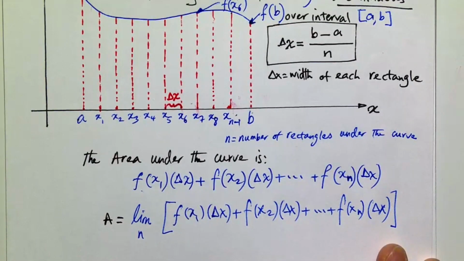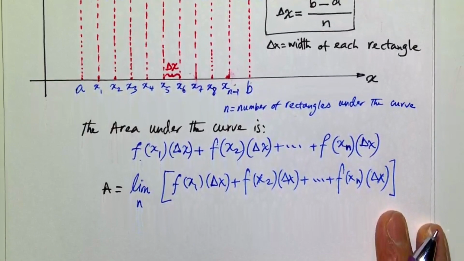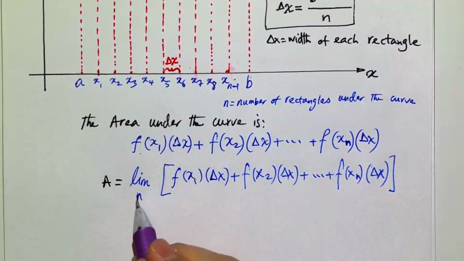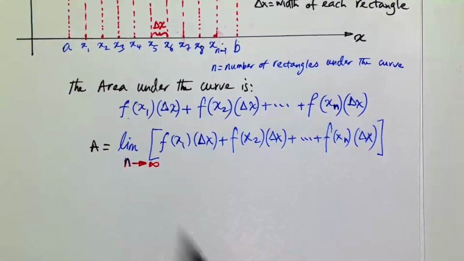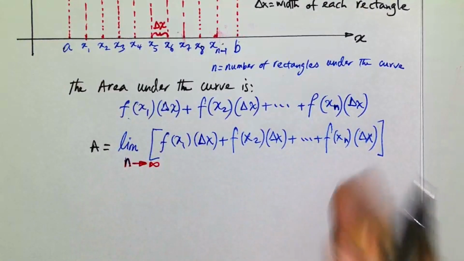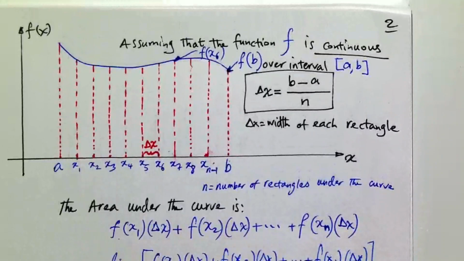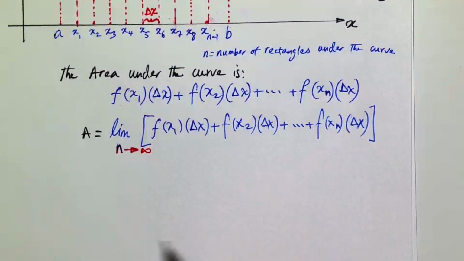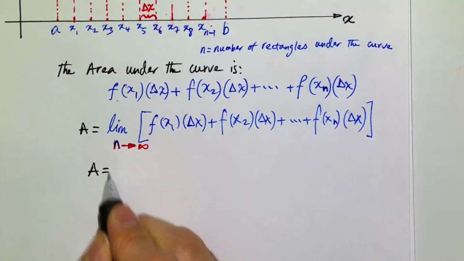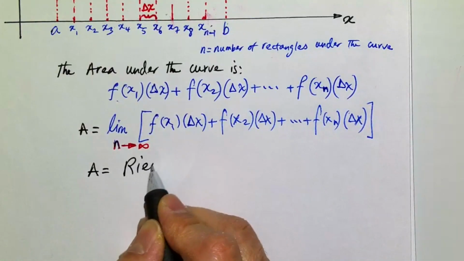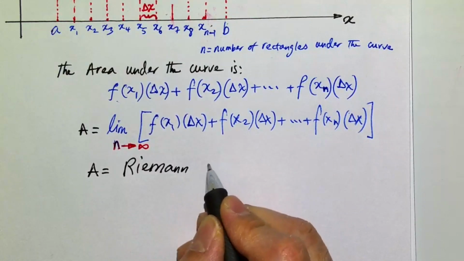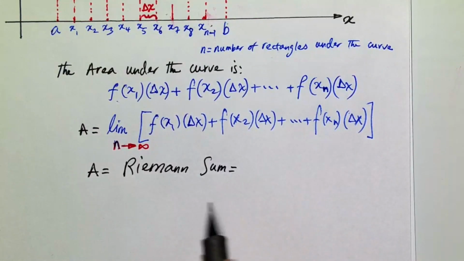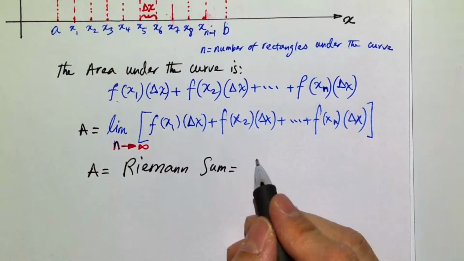So let me move this up a little bit. As n approaches infinity. Okay. So this quantity, which relates to this figure, is called the Riemann sum. So A is equal to the Riemann sum. And let's use the notation to capture all of this.